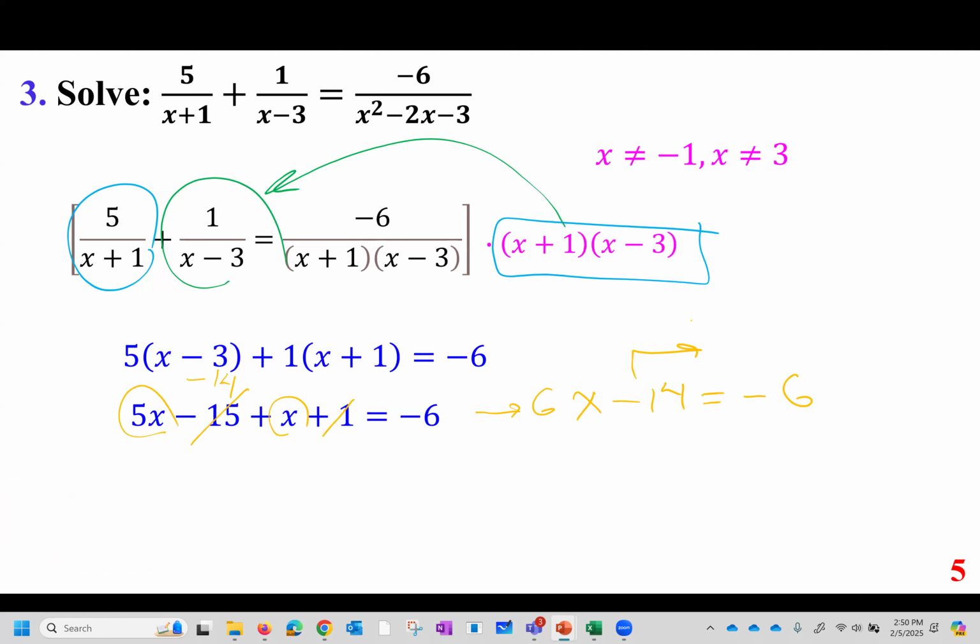Move that, make it positive 14. And these two add up to 8. Divide both sides by 6. We get 8 over 6, or 4/3.